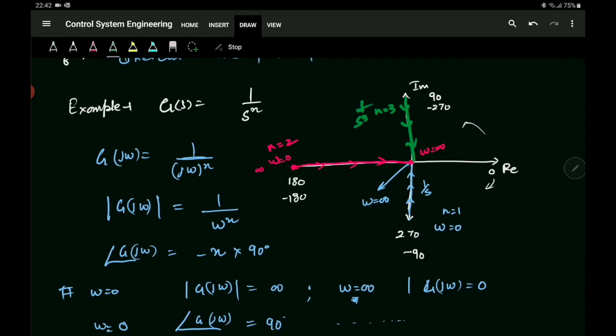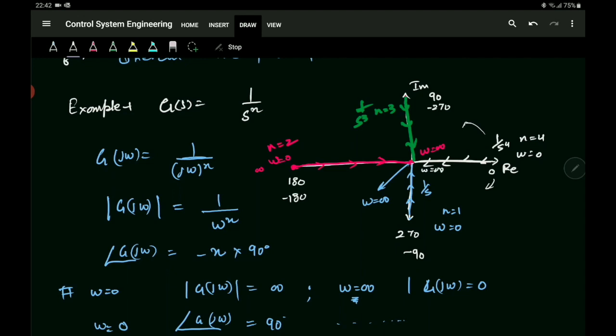Similarly, when n equals 4, we will have this graph. This is your 1 upon s to the power 4 at n equals 4. This is your omega equals 0, and this is your omega equals infinity. So this is how we draw a polar plot.